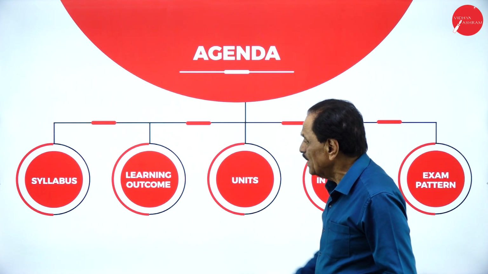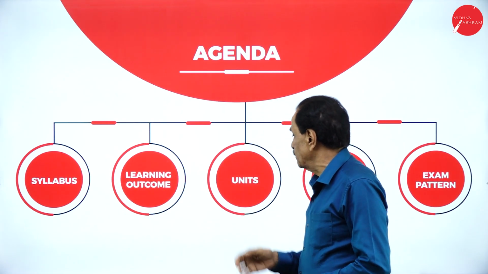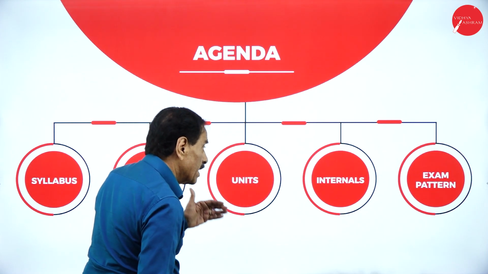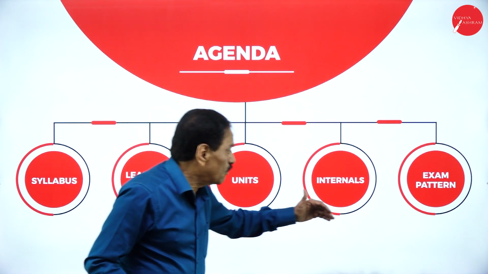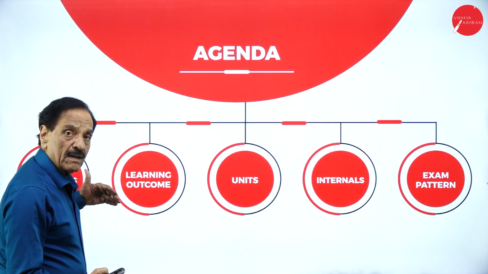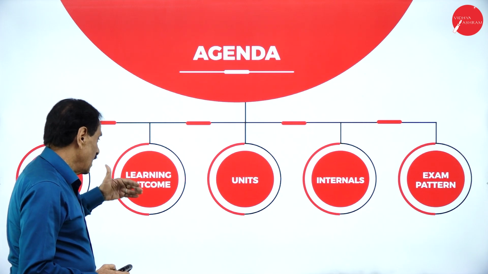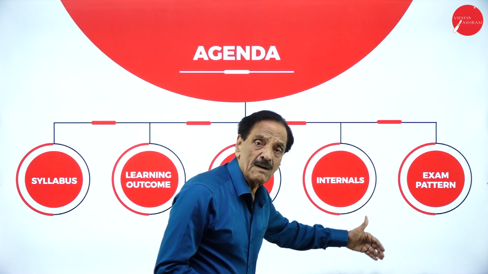The agenda is: what the syllabus is, what the learning outcomes are, how many units there are, how many internals we are going to conduct, and what the exam pattern is.